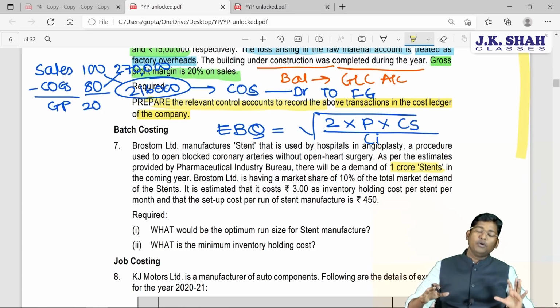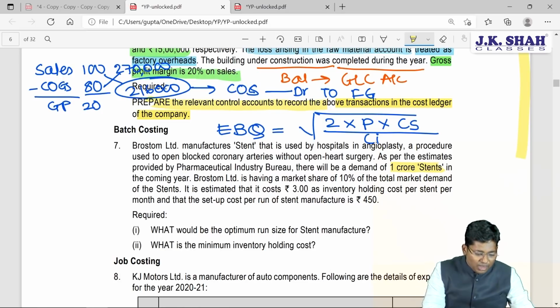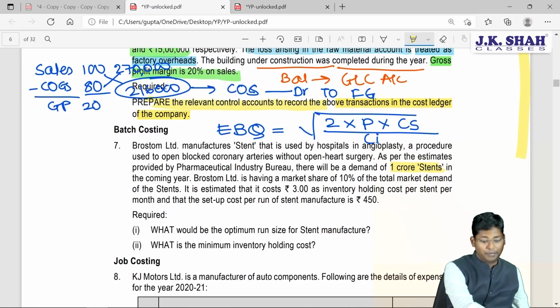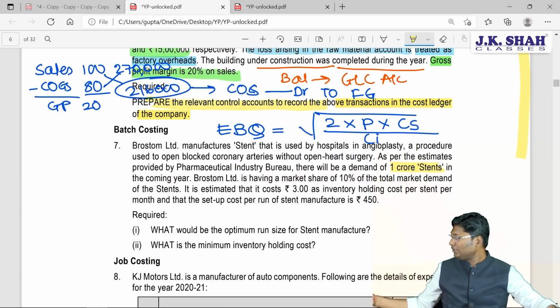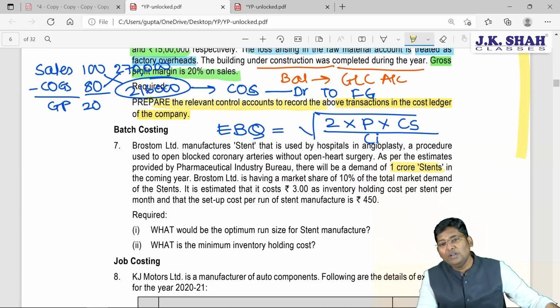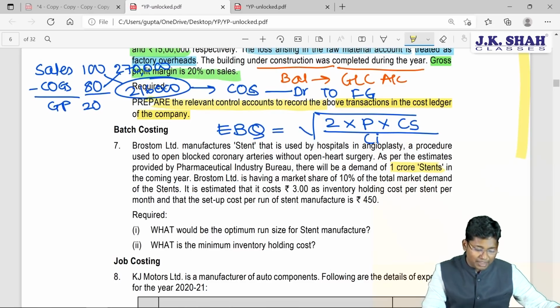So 1 crore is the overall market demand, but this company does not have 100% market share. No, they do not have a monopoly. They have perfect competition going on in the market, and according to the perfect competition feature, this company has only 10% of the total market share.